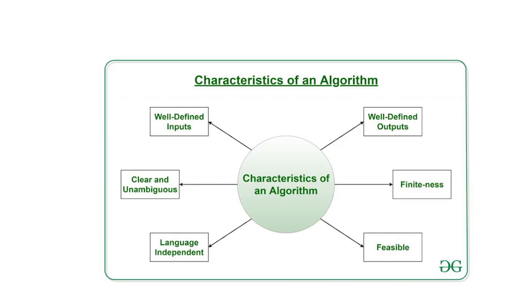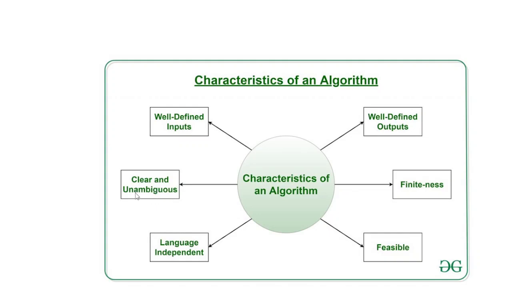There are various characteristics of an algorithm. An algorithm will always have well-defined input and well-defined output. The steps will be clear and unambiguous.